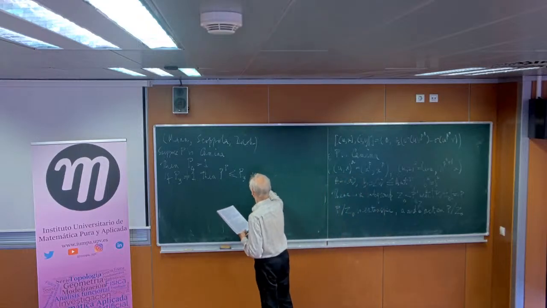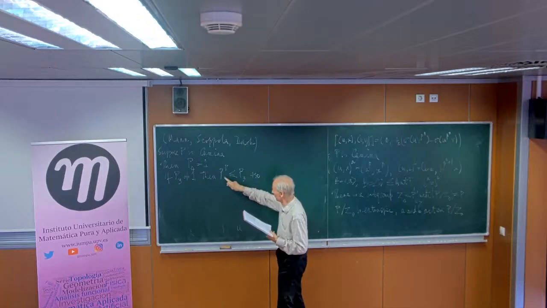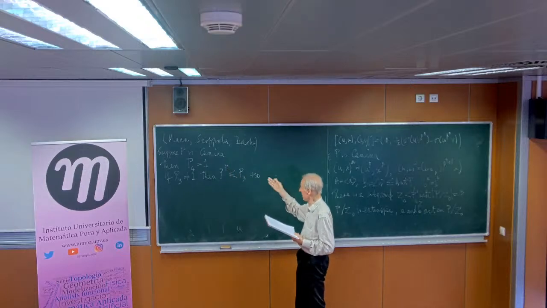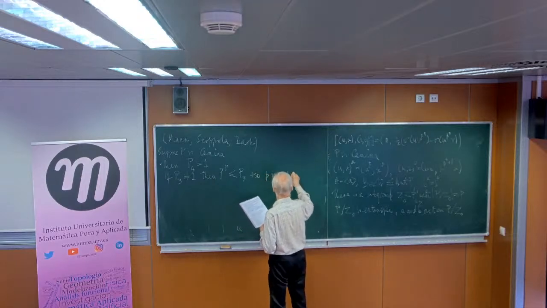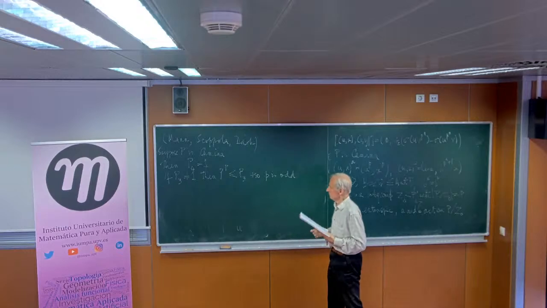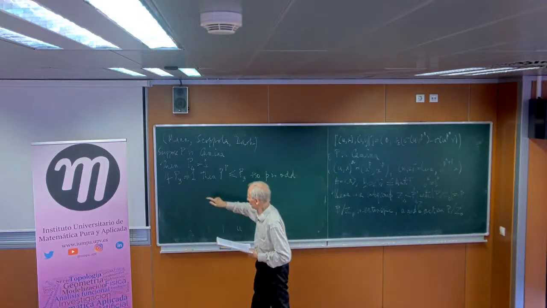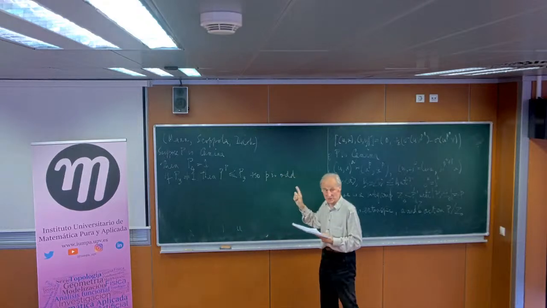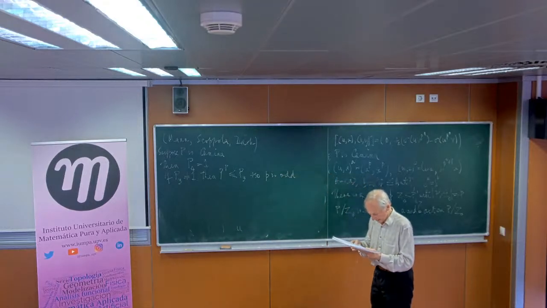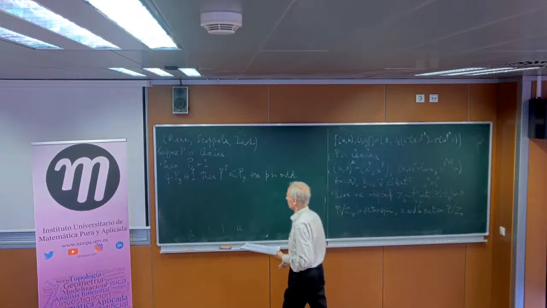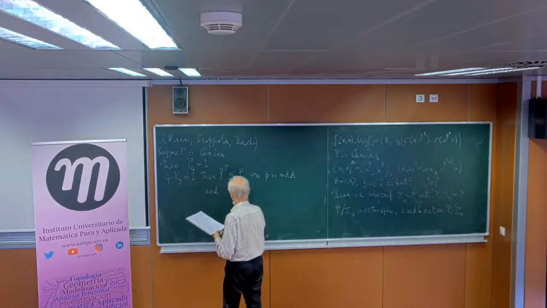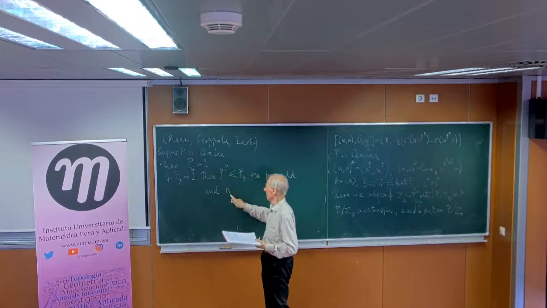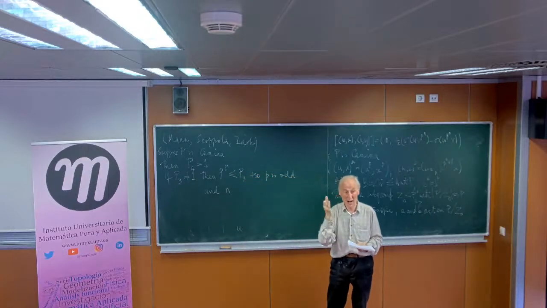So what you have here is a group of class 2 of exponent P, and so P has to be odd for that to happen. So if you're looking at groups of class 3, the prime cannot be 2. And also, you remember P over P dash was of dimension 2n.